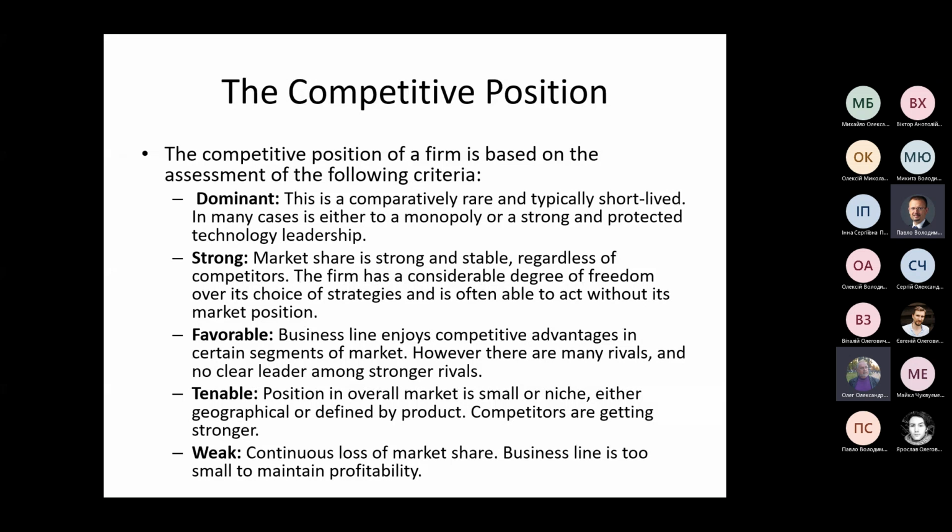General Electric, I wanted to say the best, but it is the most complicated approach. I wouldn't say it is the best because it is too difficult to use. And the approach provided by Arthur D. Little is somewhere in the middle.